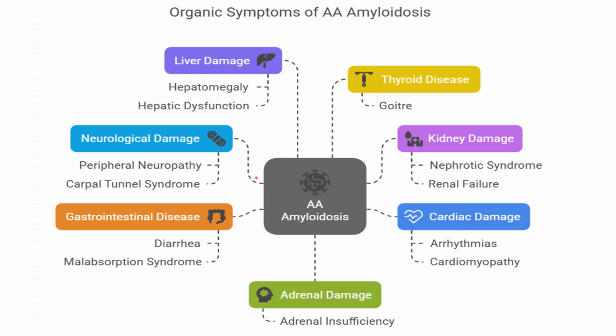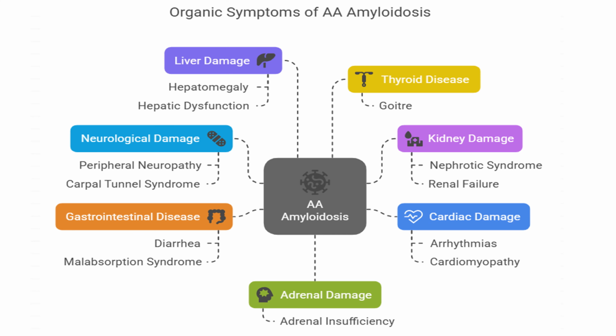We can have neurological damage, peripheral neuropathy, and carpal tunnel syndrome, and we can have hepatomegaly and splenomegaly with hepatic dysfunction. We can have adrenal damage and adrenal insufficiency, and cardiac damage is not often the symptomatology we have currently in AA amyloidosis.